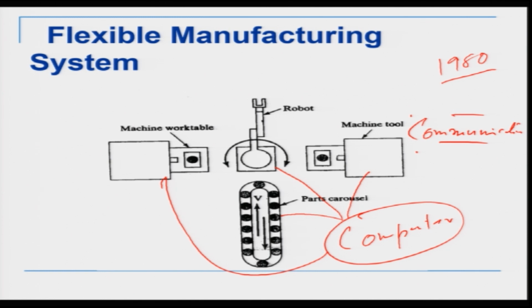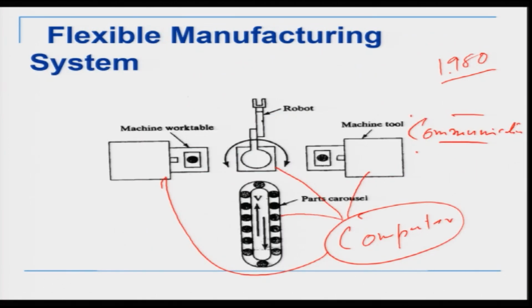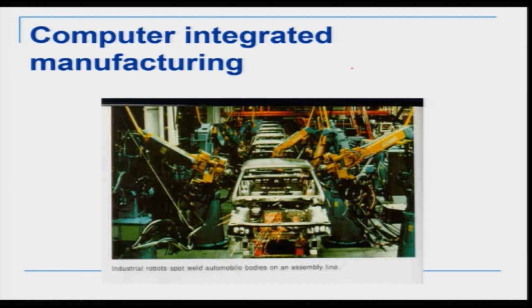Now as we progress, we see early NC machines about the 1950s, then we have computer numerical control, CNC, then we have FMS, which is called flexible manufacturing systems, and then as the computer became more and more powerful about the 1990s, we have what we call computer integrated manufacturing.